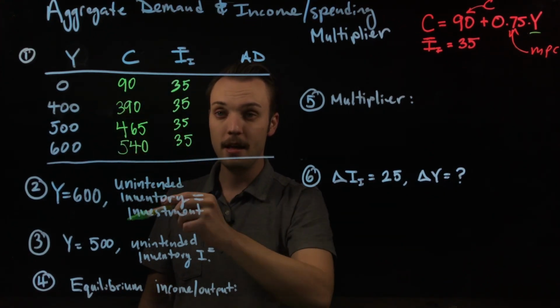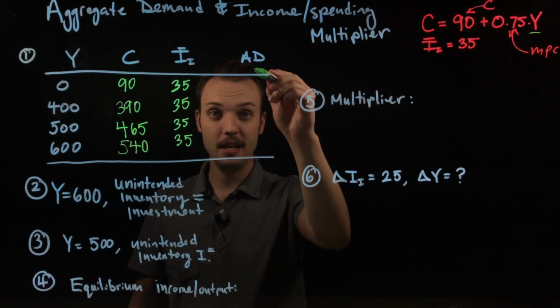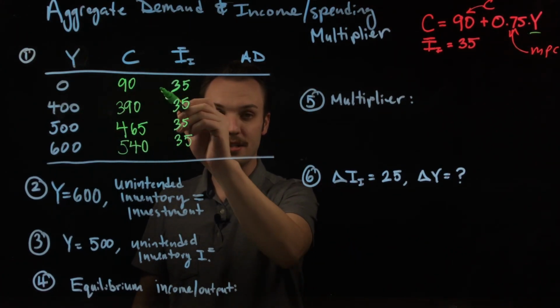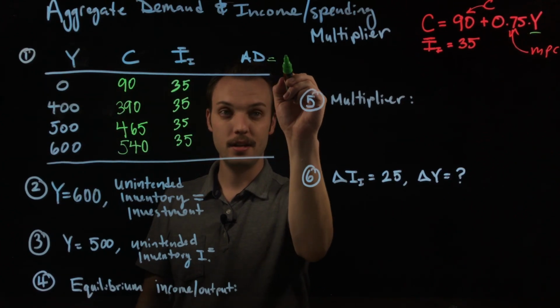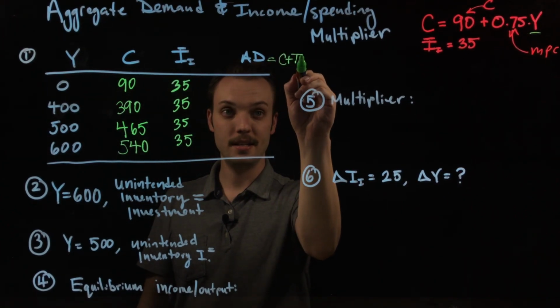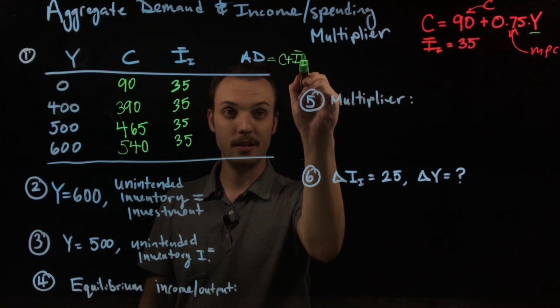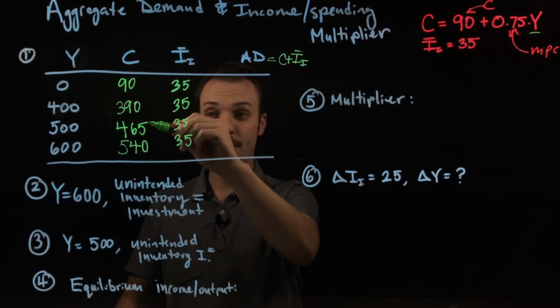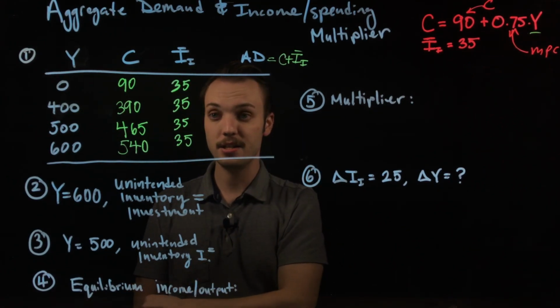So to get aggregate demand, AD, we just add intended investment plus consumption. Right? Aggregate demand equals consumption plus intended investment, which is autonomous in this model. So we just add these up at each level of income.